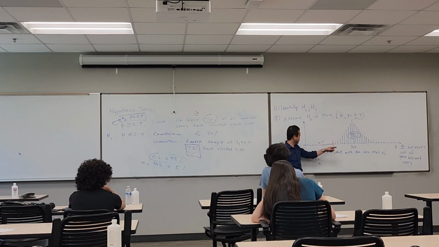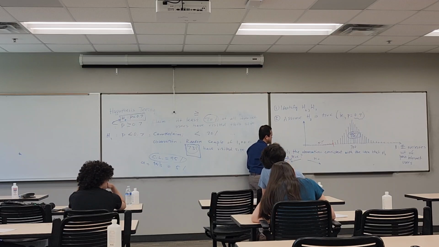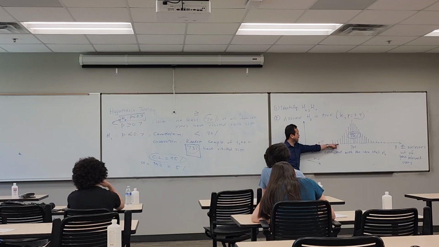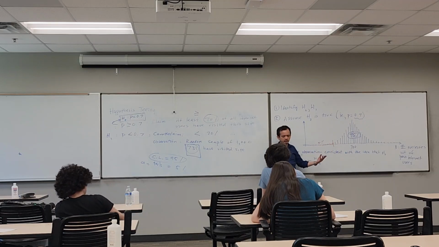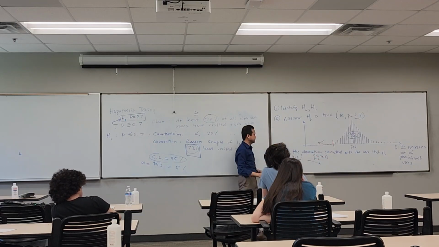Yeah, it's in the body of the distribution. So yes means that the observation is in the body of the distribution, and no means that the observation is in the tail of the distribution. So you have this exact correspondence.